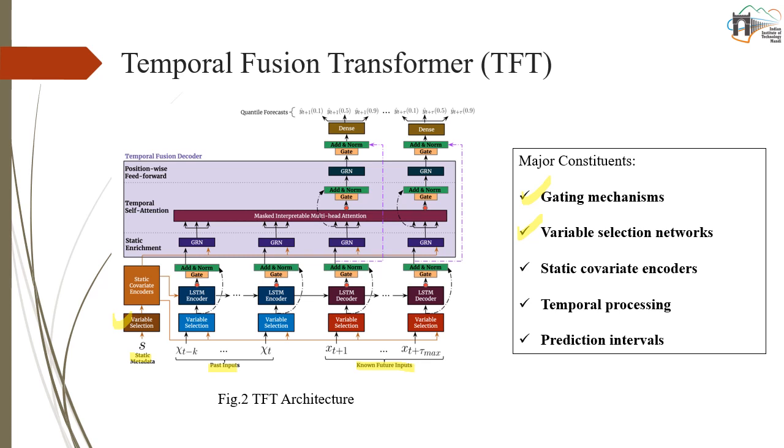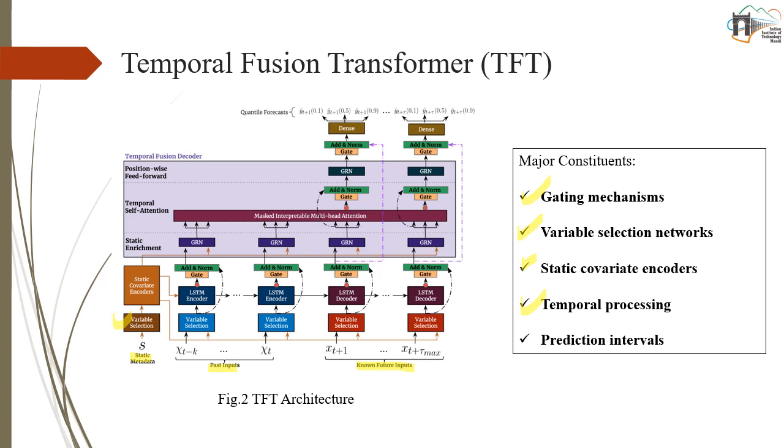Now, when we talk about the static covariate encoders, the next thing that comes is, what is this temporal processing? Temporal processing basically tells that our model is better at learning both long-term and short-term temporal relationships from observed and known time-varying inputs. For local processing, our model employs a sequence-to-sequence layer, which captures the immediate dependencies within the time series.